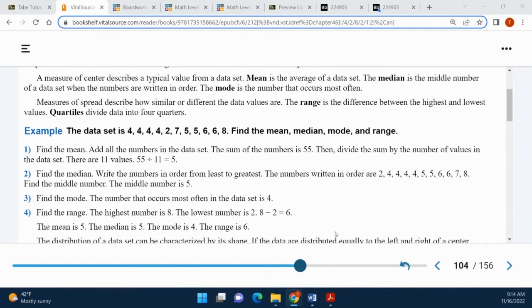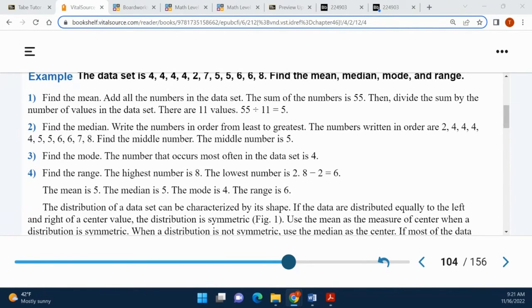So when we added all the data, it comes up to be 55. Well, there was 11 pieces of value. So we took 55 and we divided it by 11, and our mean is 5. So when we have it in the order from least to greatest, you will see that the middle value for the median is the 5.